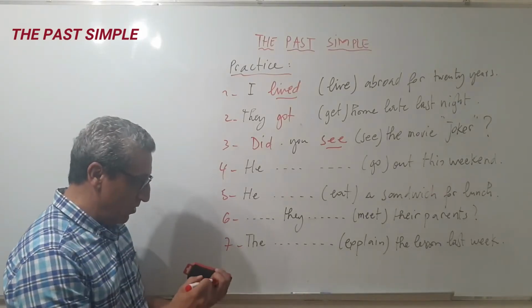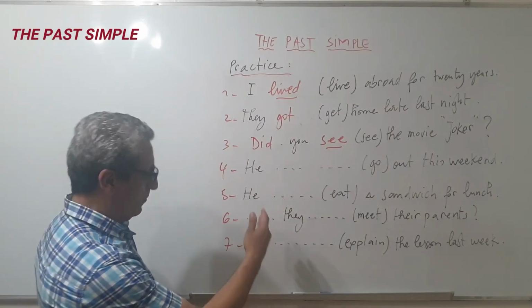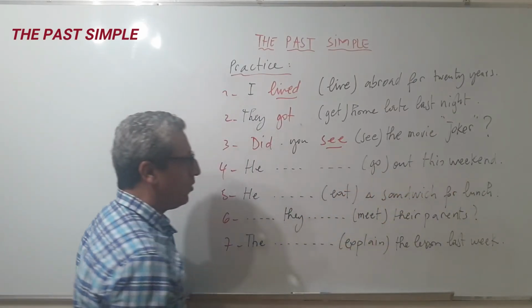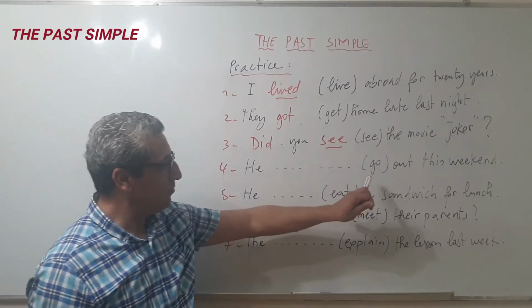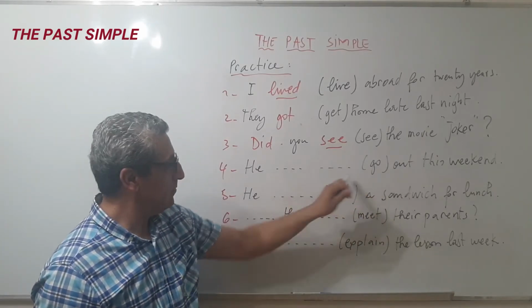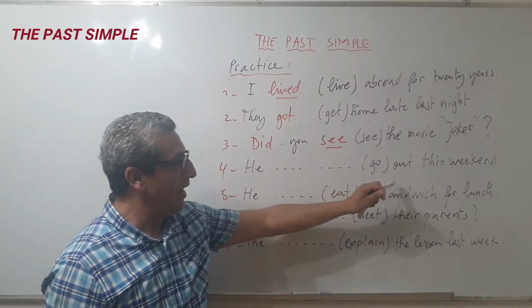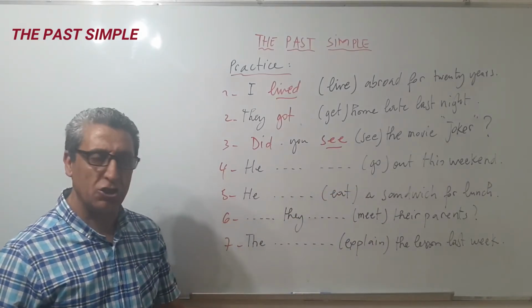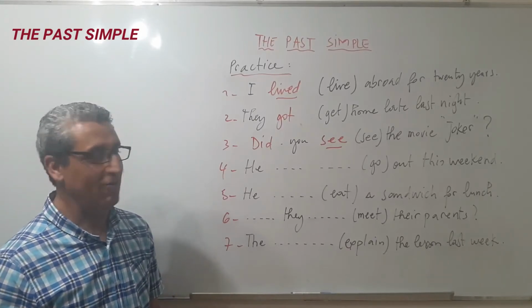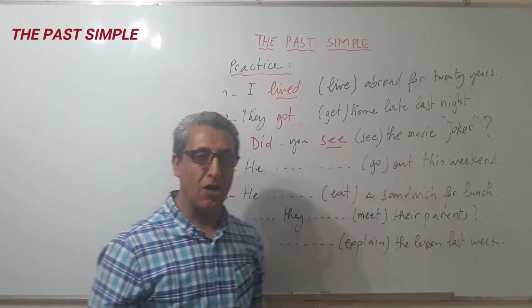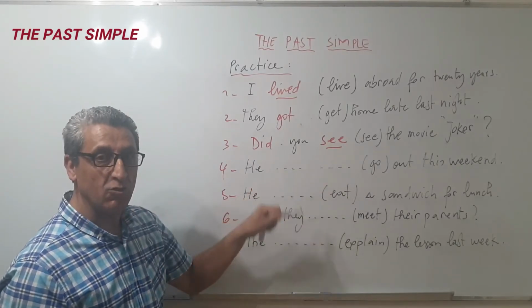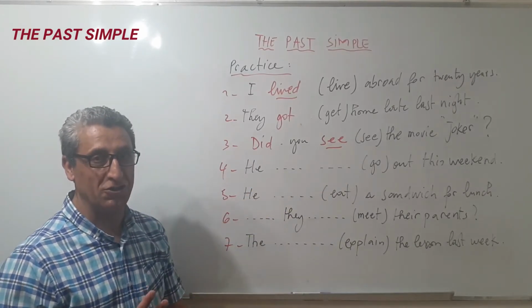Okay, number 4, he go out this weekend. What form is the sentence? Is this a question? No, I don't think so, because there is no question mark. And here notice we have 2 blank spaces, which means that we have to use 2 words.